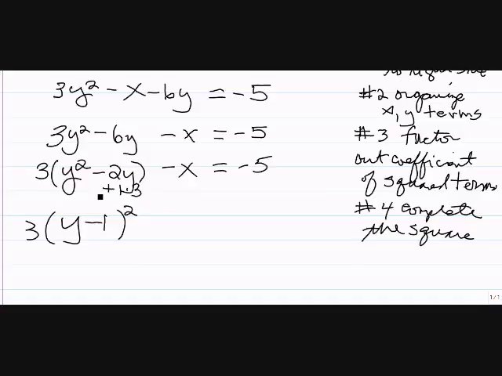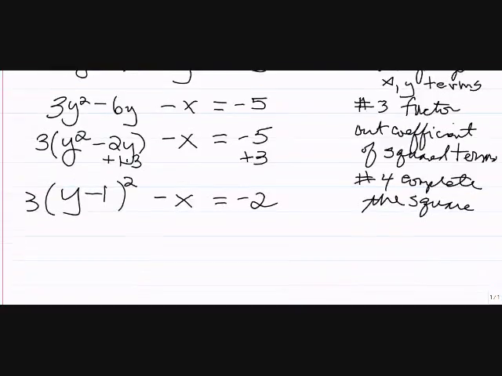And I get 3 times 1 is 3. I've had to add that to the left side of my equation, and add that to the right side. This isn't all the hard part. We're going to do this 4 times, so you'll see it done a few times.